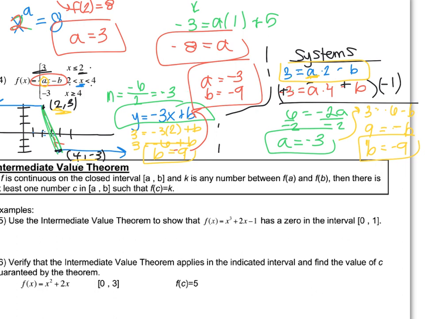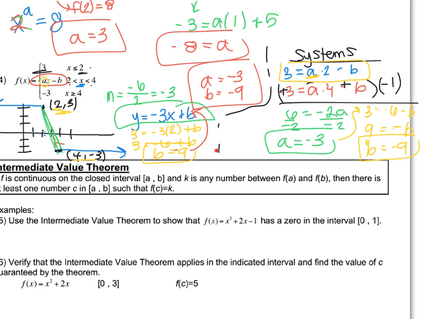So there's two ways you can think of it. You can go back to, okay, I have 2 points, I know how to calculate slope, substitute in to solve for b, or you can set up the system of equations with your 2 equations and solve that way. Hopefully that's all making sense to you guys.